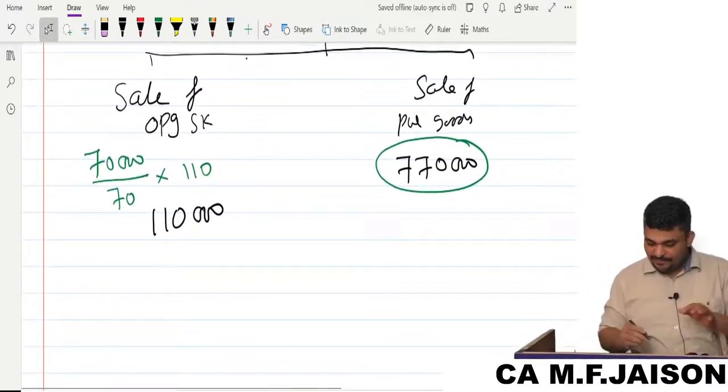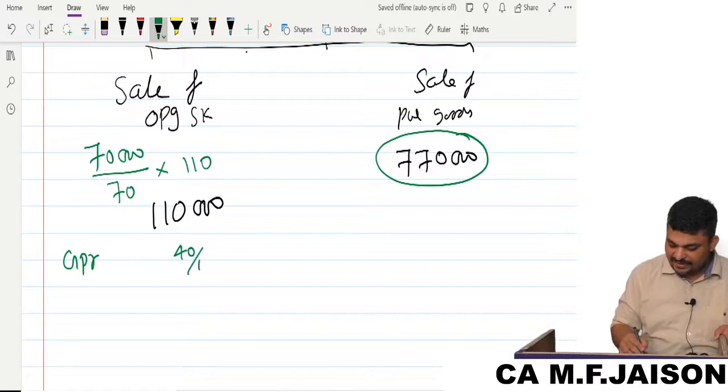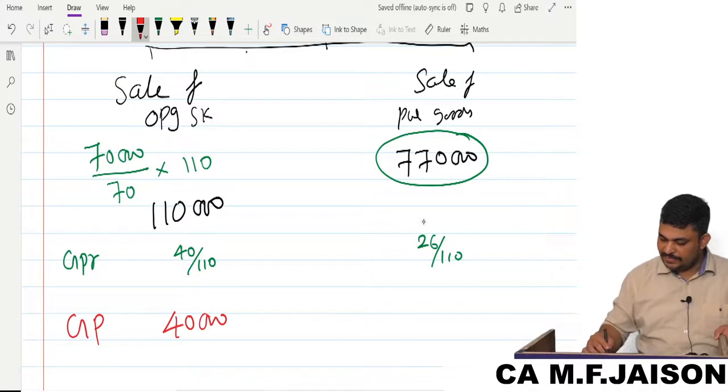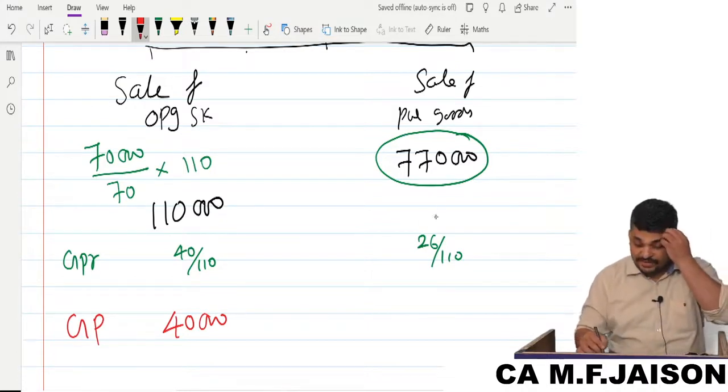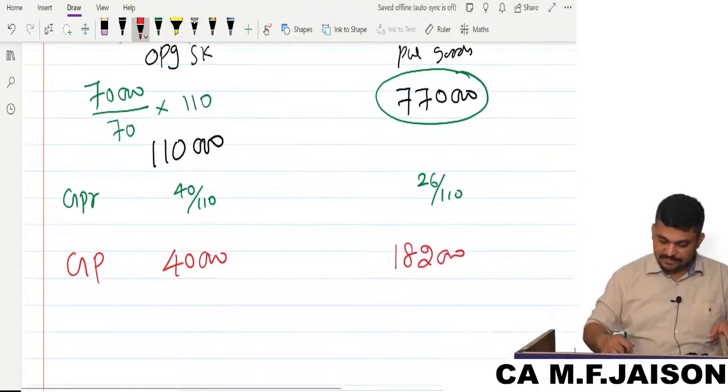Now we find the GP. Here the ratio is 40 by 110, and here it is 26 by 110. So GP on opening stock is 40,000. And 7,70,000 into 26 by 110, if you multiply, is 1,82,000.